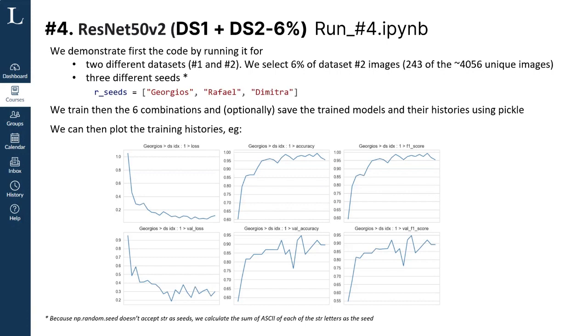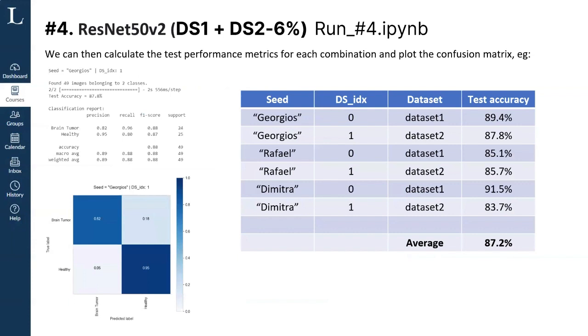We can plot the training histories from the Pickle files. On this slide, you can see an example of such a plot using the training for the seed Georgios and index 1 of dataset number 2, that is the 6% subset. We can then evaluate the trained model using the test subset, and we can plot the confusion matrix as well as the performance report.